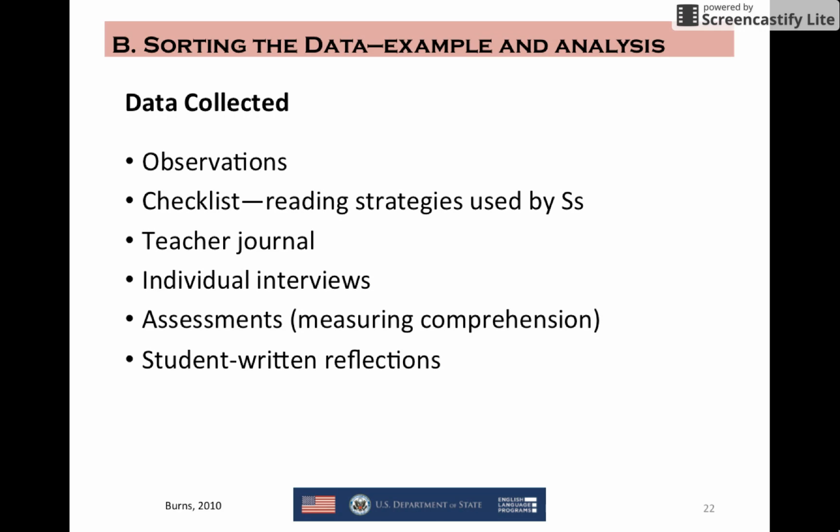Throughout these modules, we've used the example of the teacher doing action research to increase her students' reading comprehension. Here are her data collection tools: observations, student checklists, teacher journals, interviews with students, assessments of students, and student written reflections.